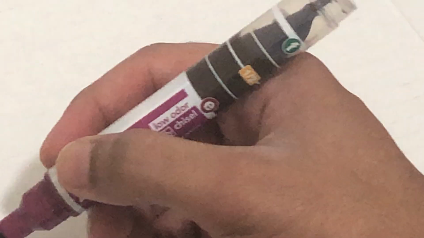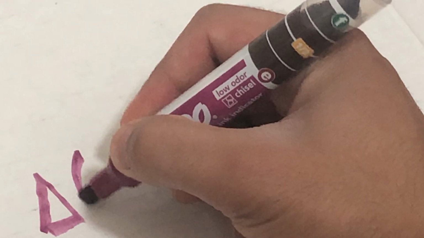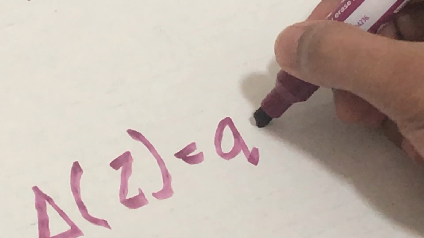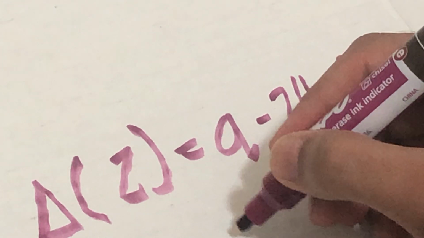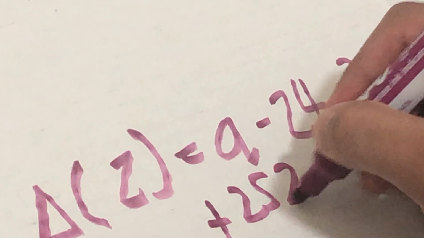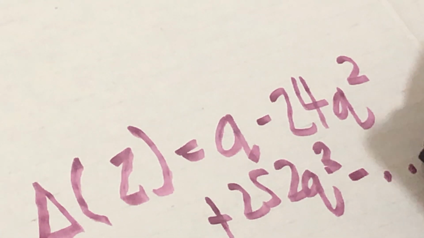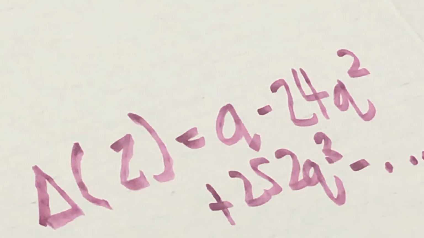Its Q expansion starts with delta of z equals Q minus 24Q squared plus 252Q cubed. And it goes on. So in this case, every coefficient is an integer, and everyone is whispering number theory.